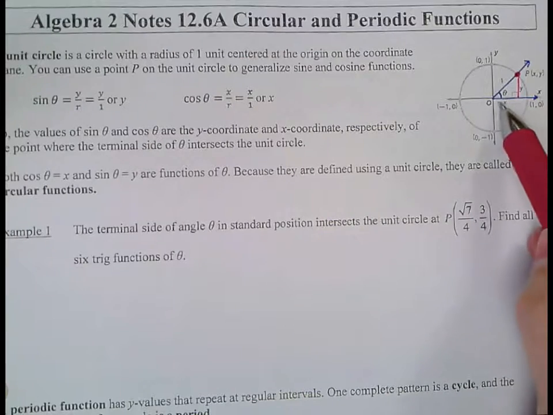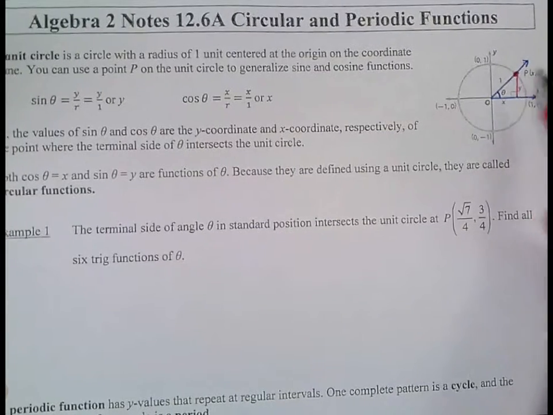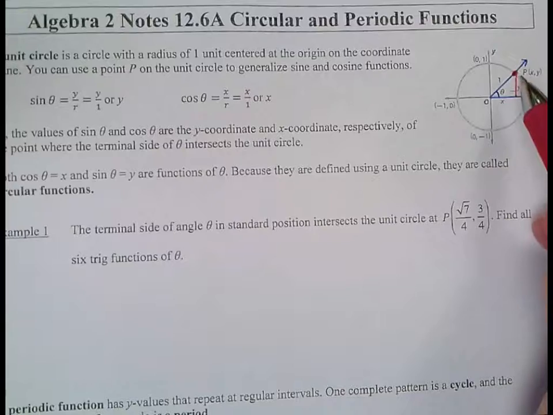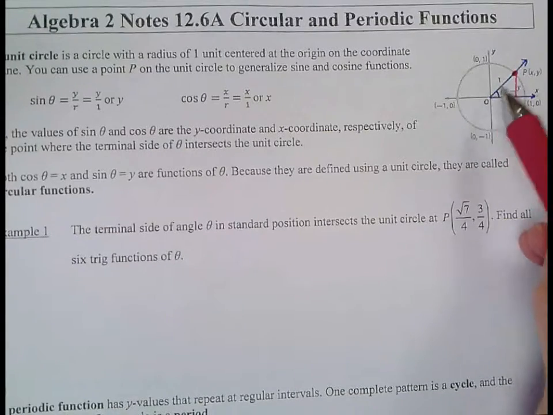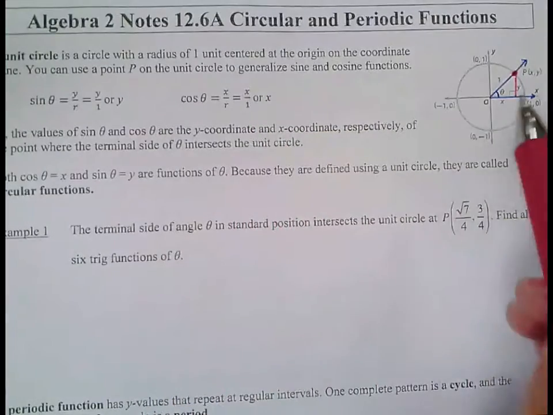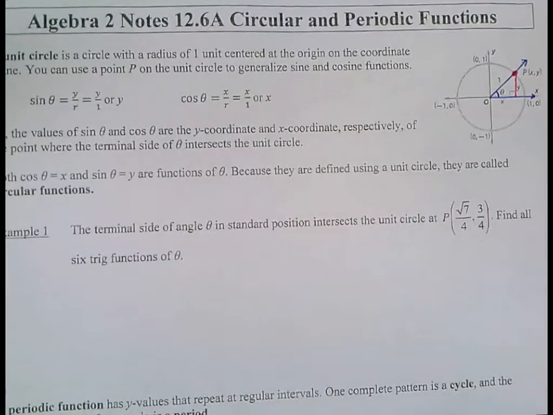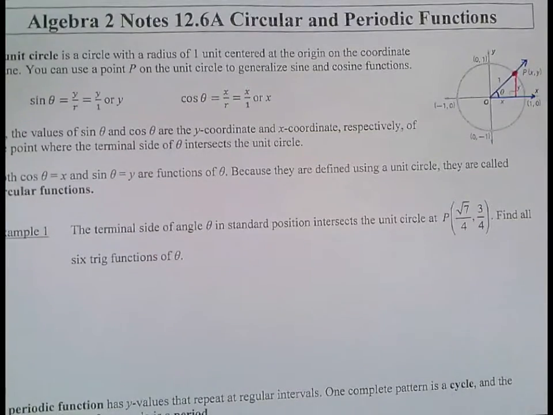And that means for the triangle, the horizontal side here is the distance x to get to some point (x, y) on this circle here. This vertical side would be the distance y. The radius is the hypotenuse of that triangle. And the radius is 1 for the unit circle. So how are sine and cosine defined here?